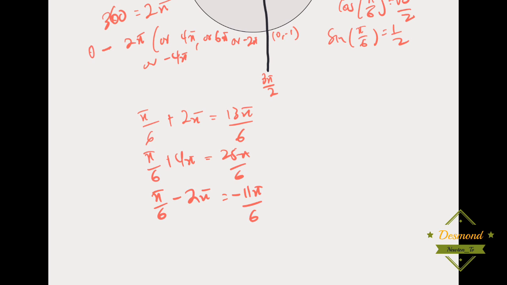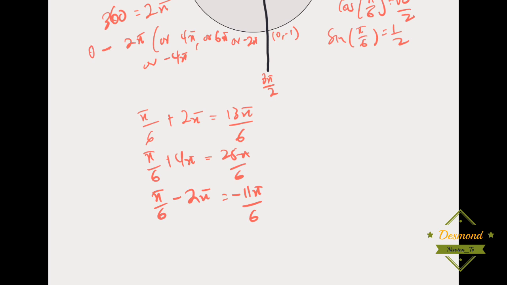So when you are rotating counterclockwise, we add 2 pi, which is one revolution. When we are rotating clockwise, we subtract 2 pi from whatever radians we have.